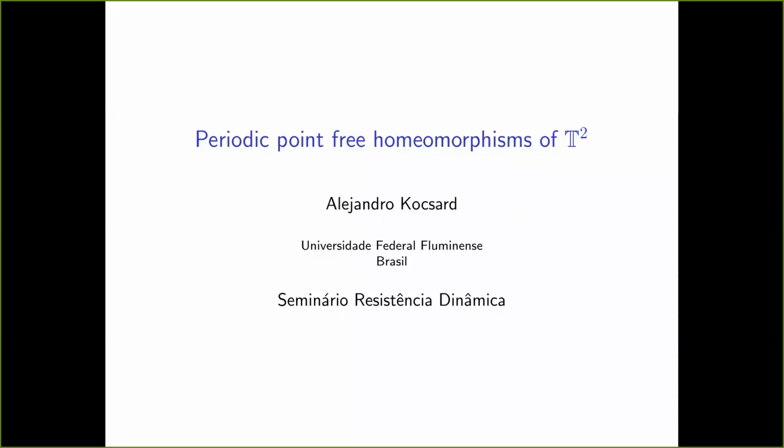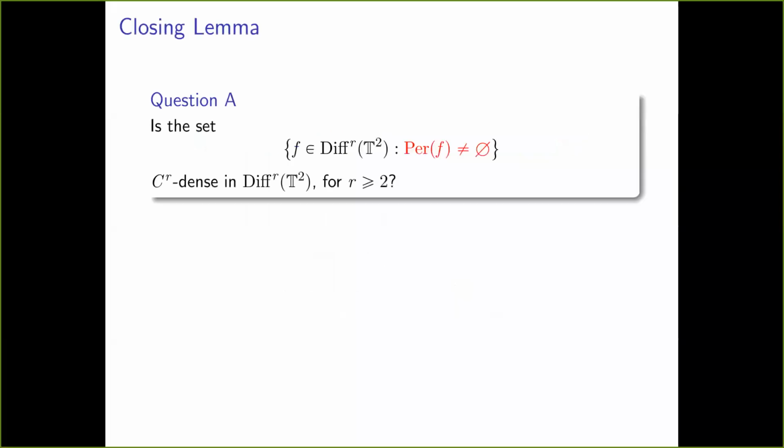Let me start with a problem that has been in the background of my research for a very long time, probably since the time I was a PhD student at IMPA, which is a weak form of the C^r closing lemma. So the problem is the following.